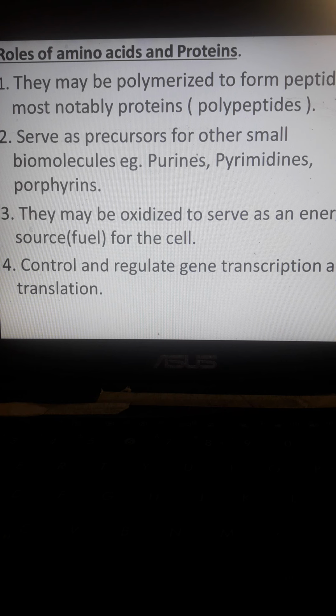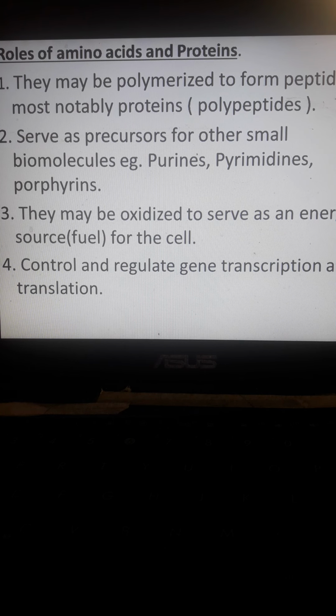They may be oxidized to serve as energy or source of fuel for the cell, control and regulate the gene transcription and translation process, because inside the cells, we have the most prominent organelle known as a nucleus, and then there is what you call RNA gene transcription that happens. So usually ang nag-regulate niyan, it is the work of the amino acids there. Okay?